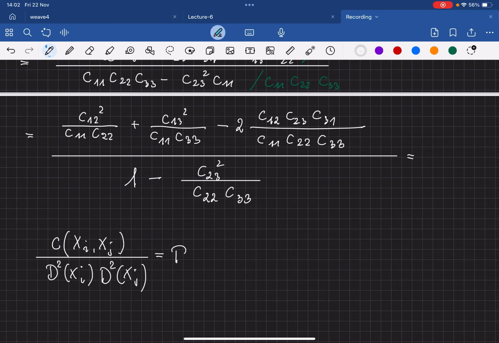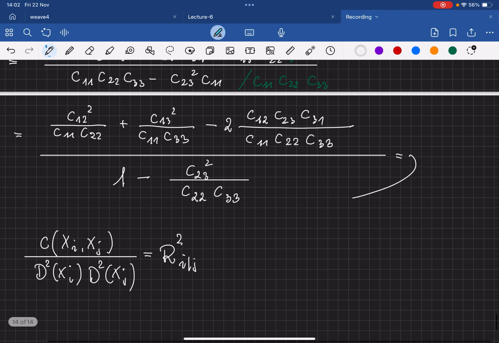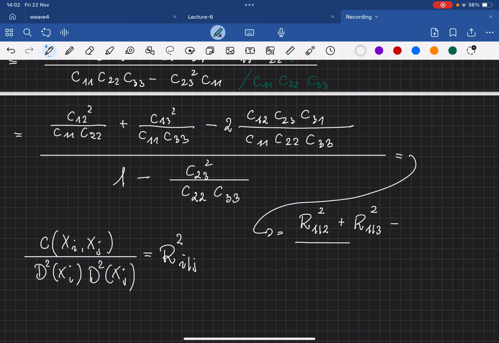So this is what we decided to call r squared ij. Therefore, we can continue the calculations. We have r12 squared plus r13 squared minus something, and in the denominator 1 minus r23 squared.